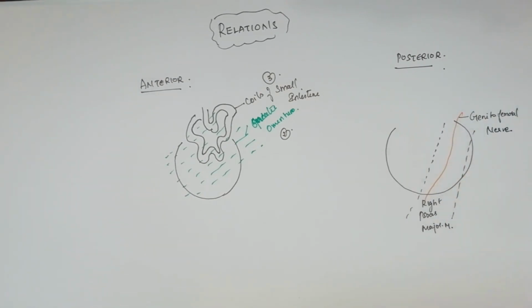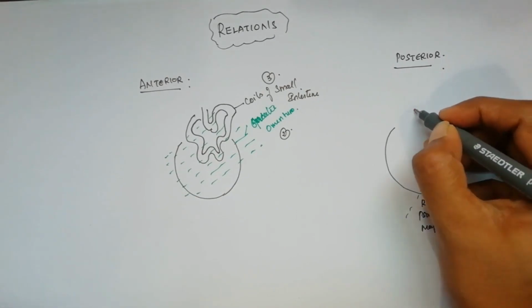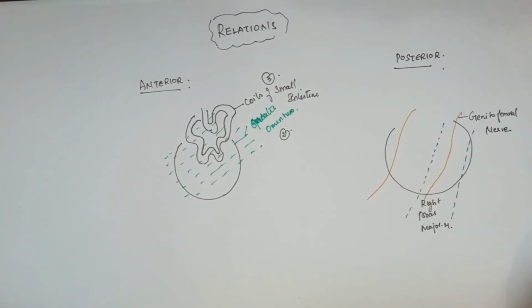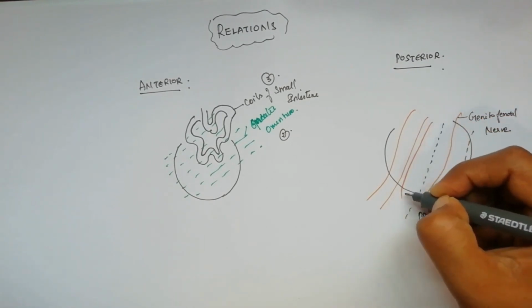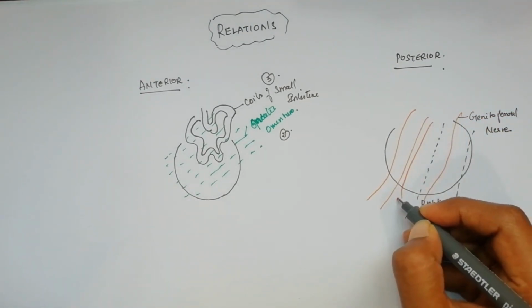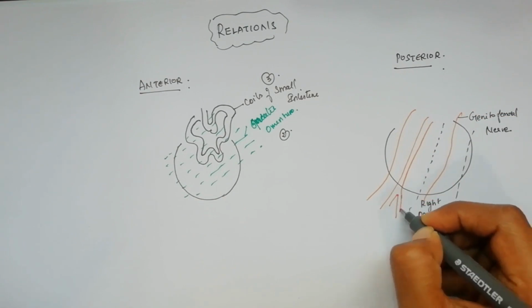Then we have got another nerve, that is the lateral femoral cutaneous nerve, and also a trunk of the femoral nerve. So we are having two more nerves. One is the lateral femoral cutaneous nerve, and then the trunk of the femoral nerve, which will also be seen over here.